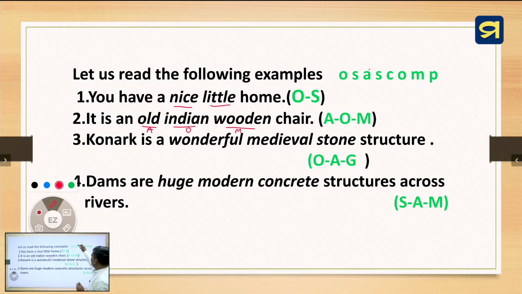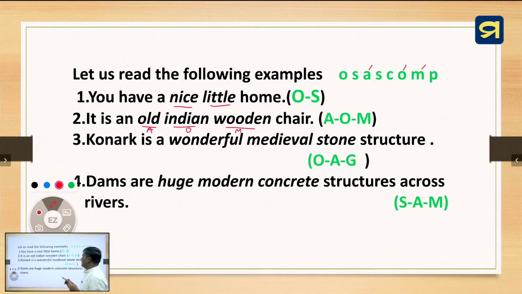A, then O, then M. They are sequentially arranged. After age comes origin, then material. So it followed a sequence, pattern, order. That's why it followed the A, O, M order.